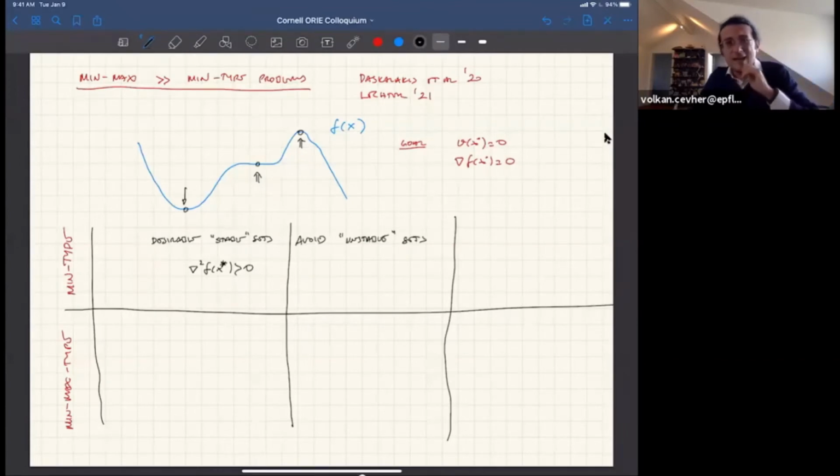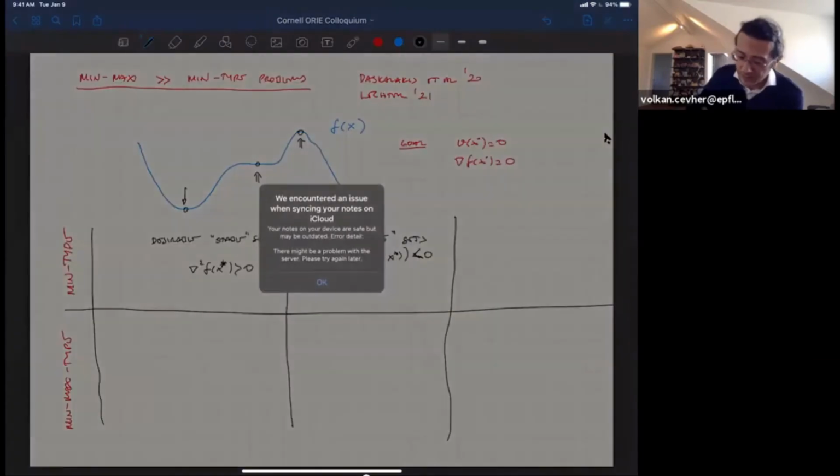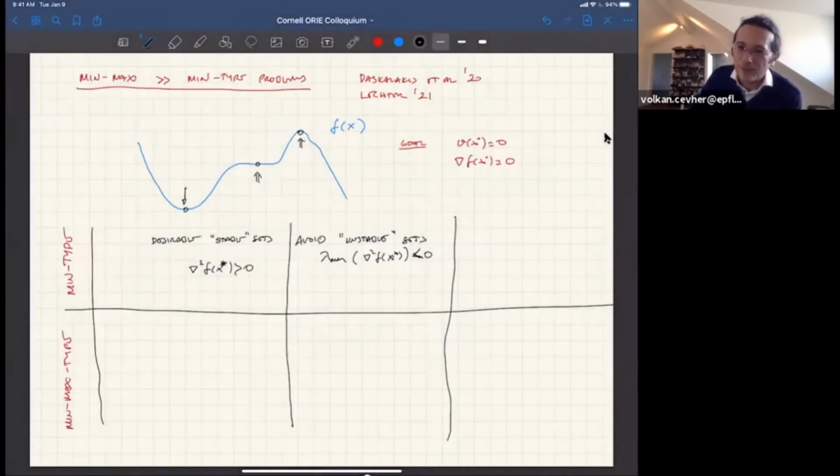And for this, if you think about it, what you can do is look at the smallest eigenvalue of the Hessian. And if there is a negative eigenvalue, we have a strict saddle.